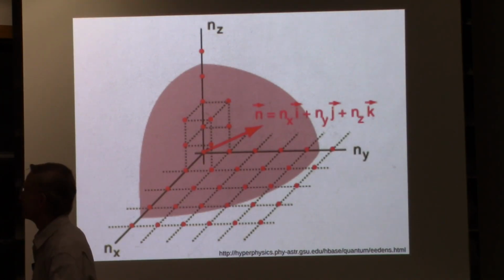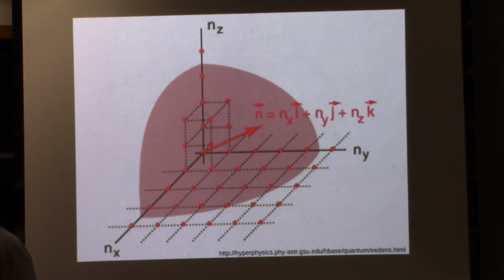Now again, really, that's a choice. We could insist they're always negative integers, or n sub x and n sub y are positive and n sub z is negative, because if you made n sub x go to minus n sub x, you would just multiply the wave function by -1, but when you took the square, that wouldn't change the probability.